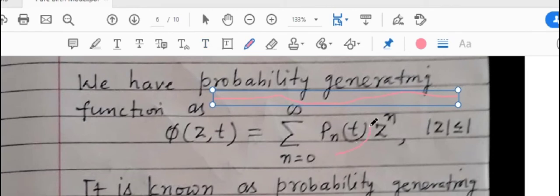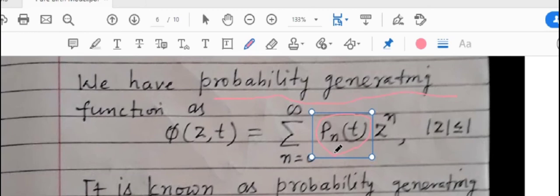It is this P_n(t). Just look. This P_n(t) is the probability of n arrivals during the time t. And this probability means we need P_0(t), we need P_1(t), we need P_2(t), we need P_3(t), so forth, so on.